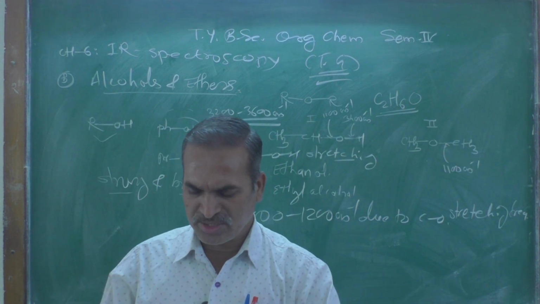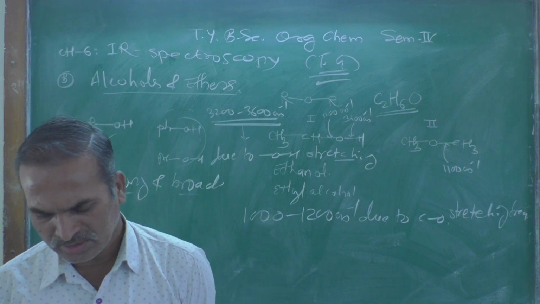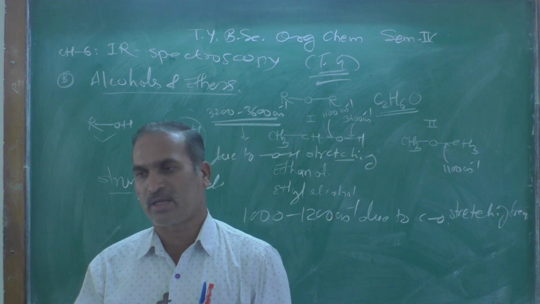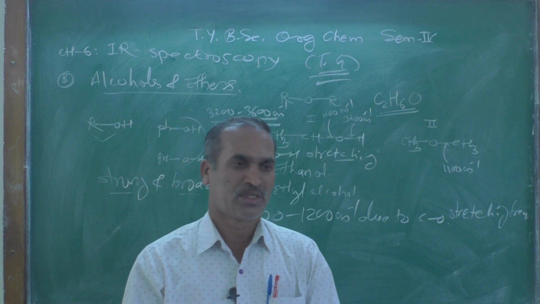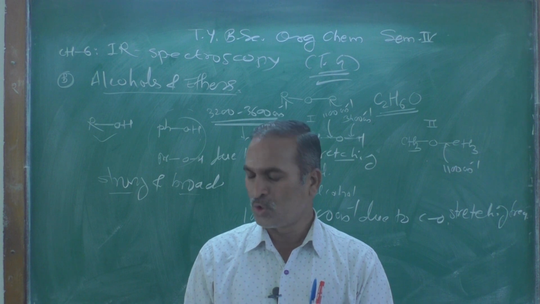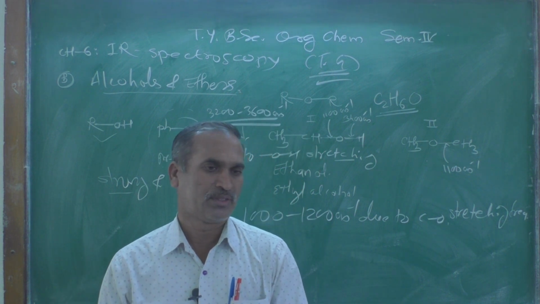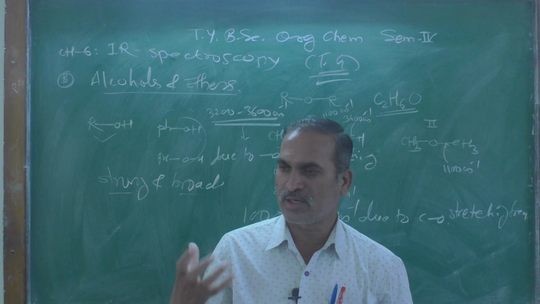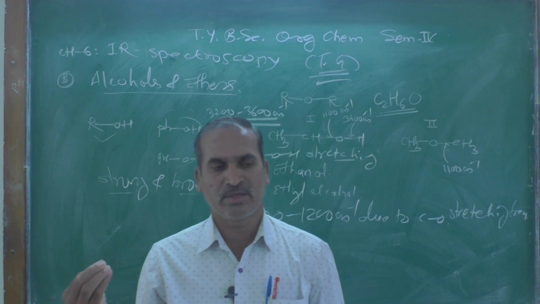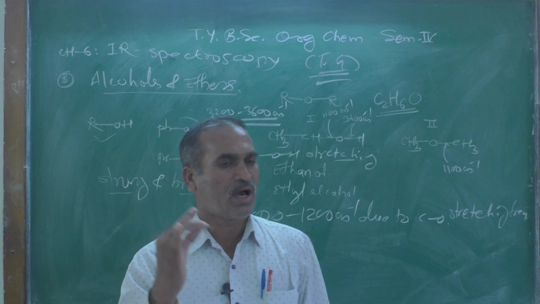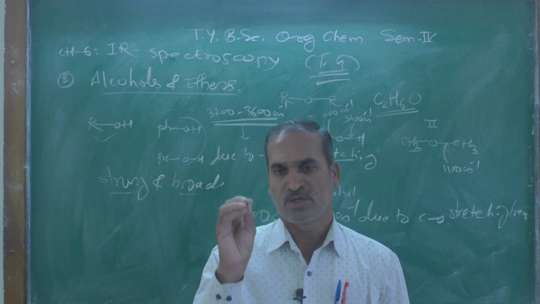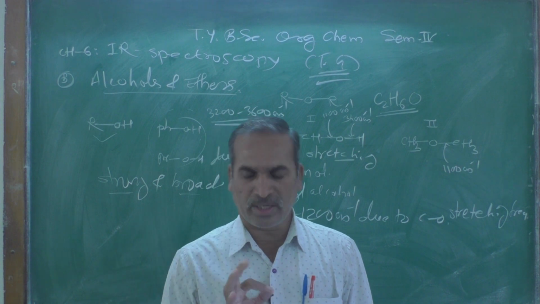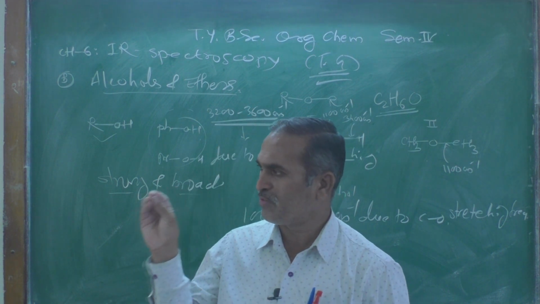The exact frequency depends upon the nature of the alcohol, and as we know, alcohols are further divided into three different groups. Alcohols are organic compounds having the general formula ROH, where R may be aliphatic or aromatic and OH is the functional group.